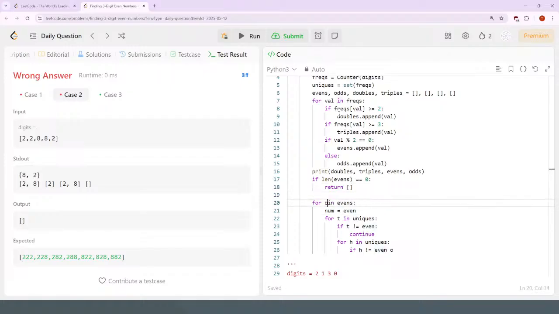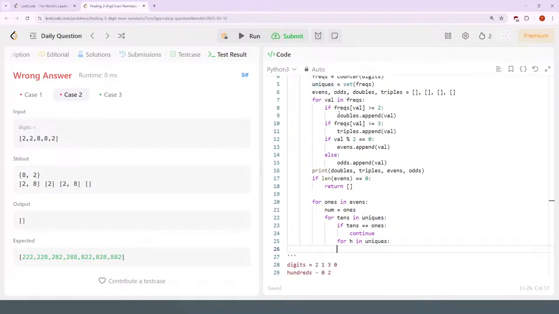This is poorly, for every ones digit, where the number is now equal to the ones digit, and then for every tens digit, where the tens digit is not the same thing as the ones digit. If the tens digit is equal to the ones digit, then skip it.